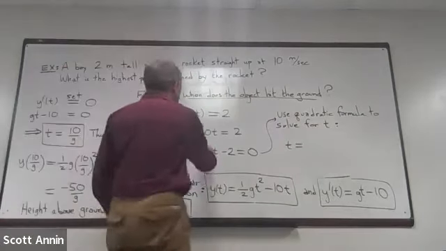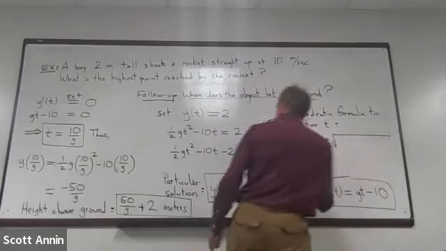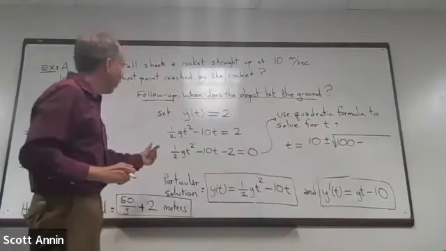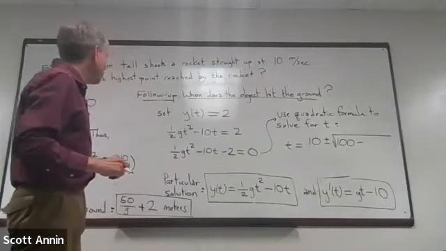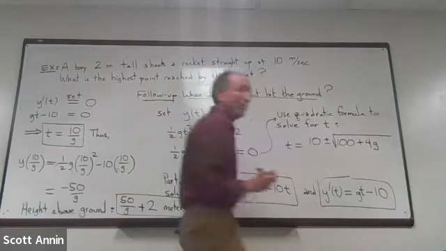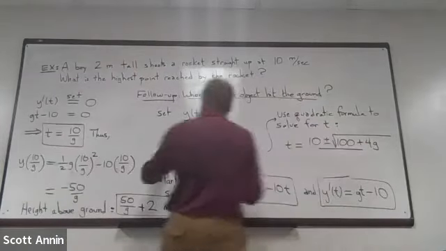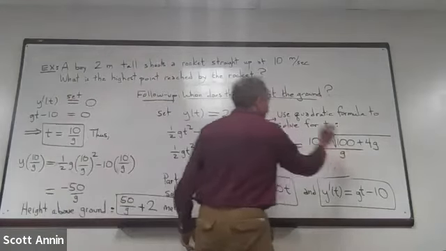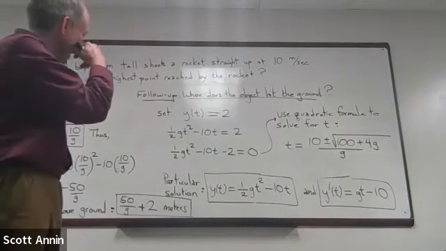We take the negative of negative 10, which is 10, plus or minus the square root of 10 squared, which is 100, minus 4 times this guy, which is actually going to give me plus 4g, I believe, if I did it all right, all divided by 2 times 1/2 g, which is g itself. We're going to get something like that.